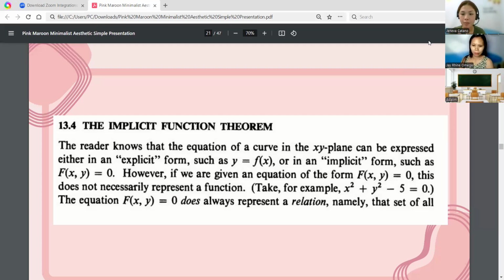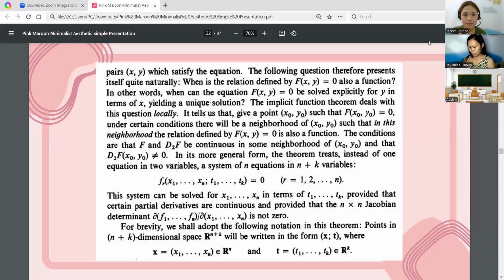Okay, take for example x squared plus y squared minus 5 equals 0. The equation f of x and y equals 0 does always represent a relation, namely the set of all pairs x and y which satisfy the equation.